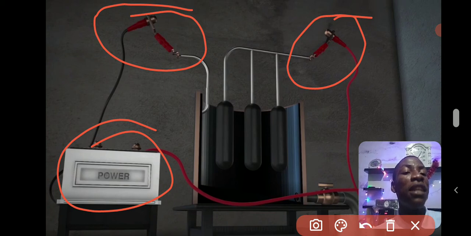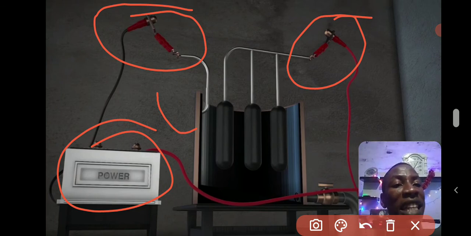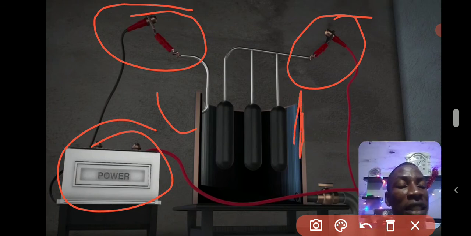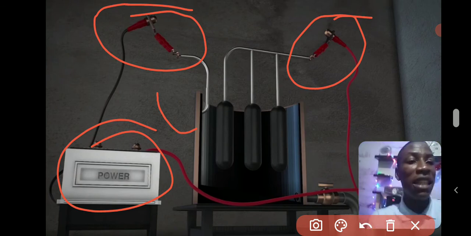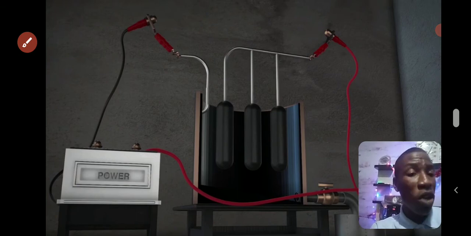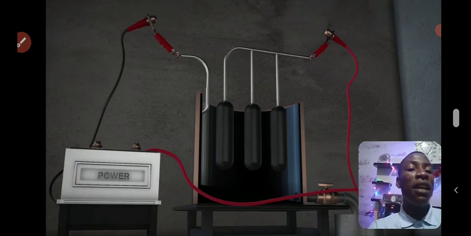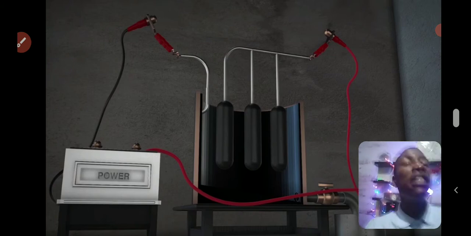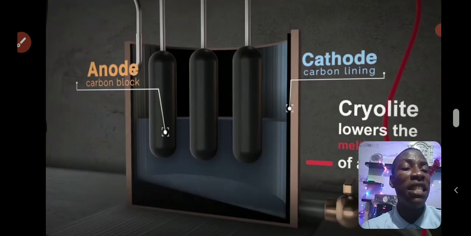Now, this cell is made of a steel container. This brown substance is a steel container, while the inside is lined with graphite. So the container essentially contains a graphite lining inside the steel container. That graphite lining serves as the cathode.